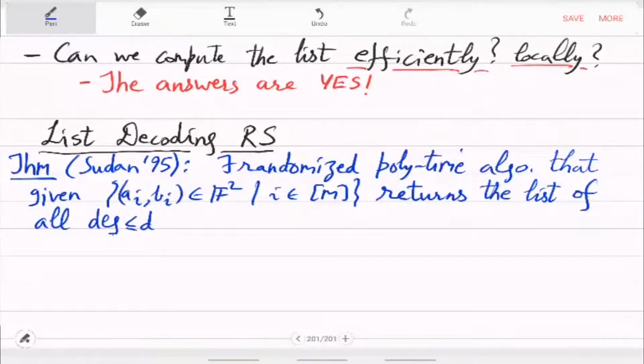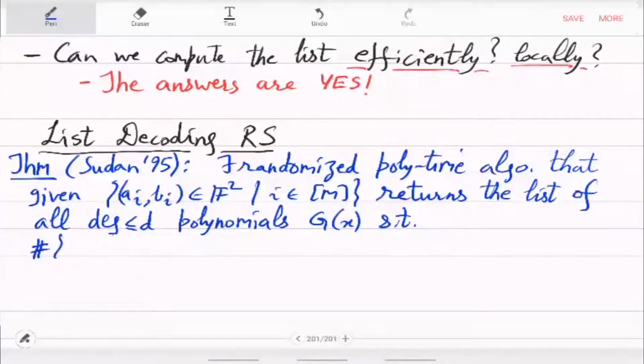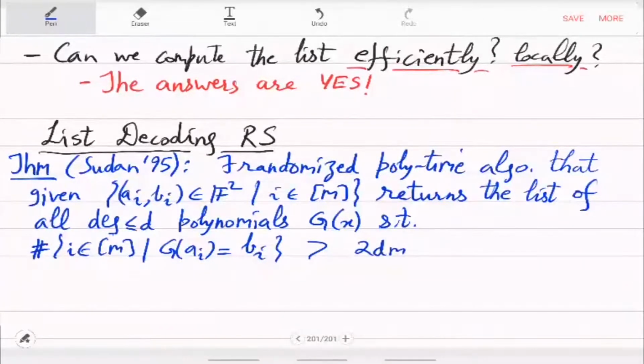So, the algorithm will output all of them, returns the list of all degree d polynomials g such that the number of i's on which g matches is at least square root of 2dm.